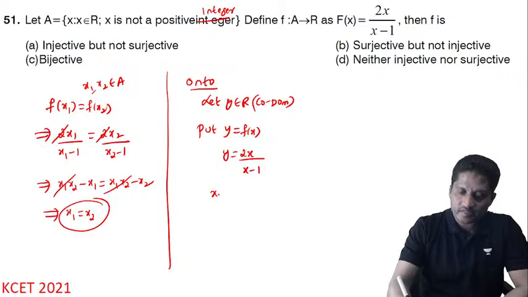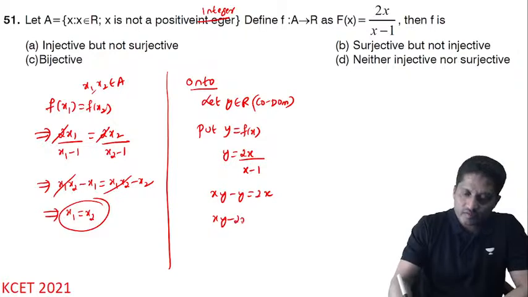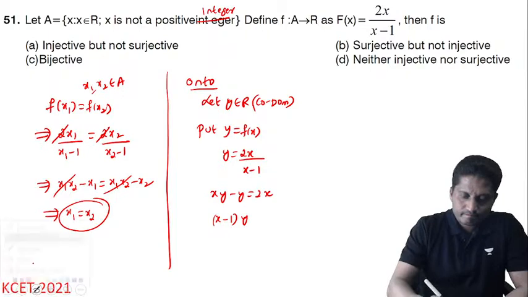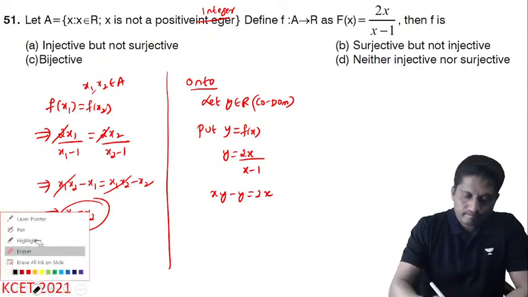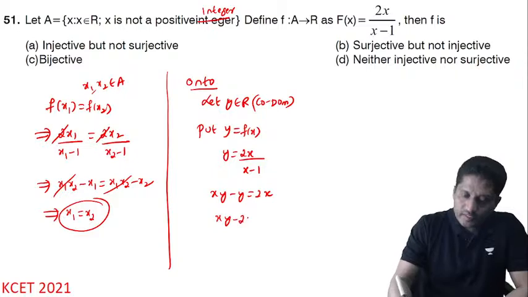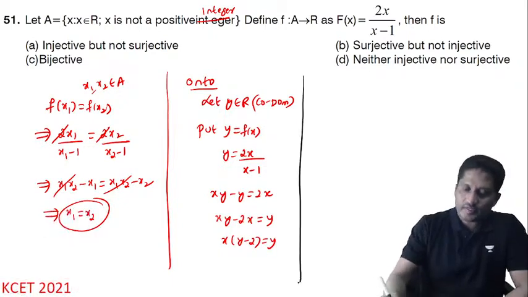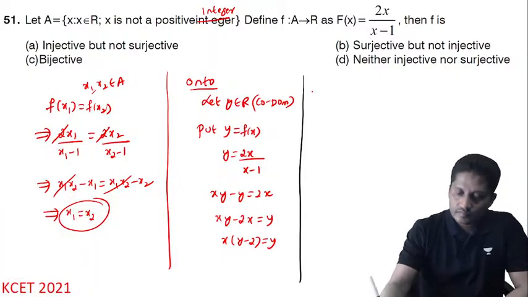Simplify and write x as a function of y. xy minus y is equal to 2x, so xy minus 2x is equal to y. Take x common, x into y minus 2 is equal to y, and from this x is equal to y divided by y minus 2.